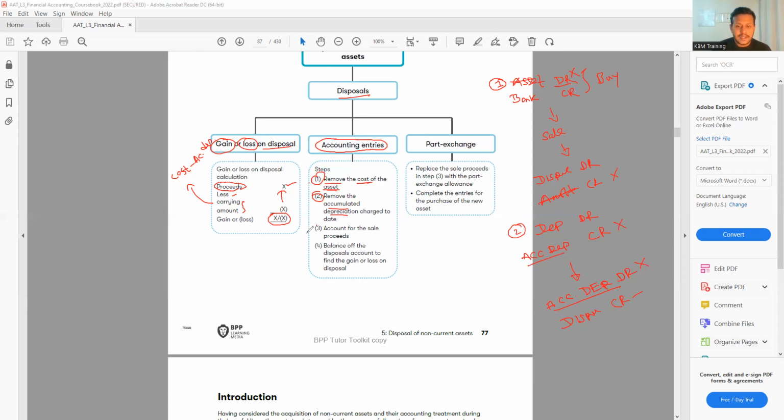Step number 3, account for the sale proceeds. Now it is possible when I sell that non-current asset, either I receive some cash or I do a part exchange. What does part exchange mean? Part exchange means you give your old asset to get the new one.